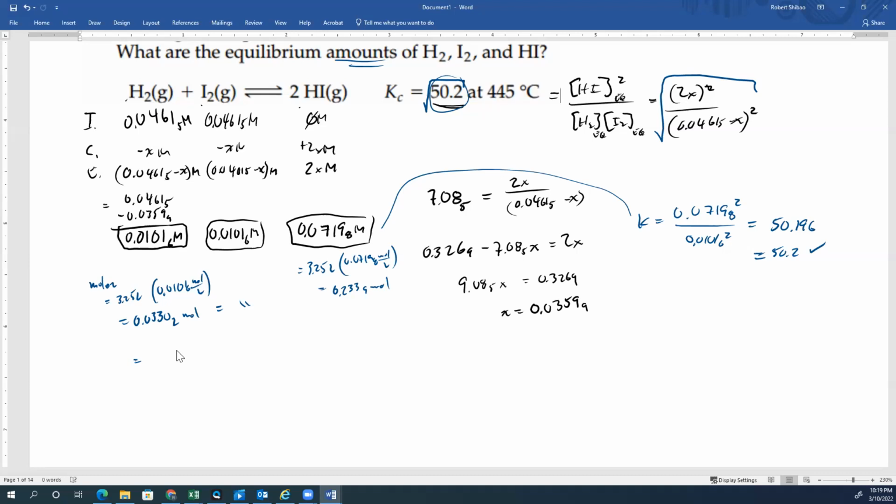And it's not a bad idea to carry extra digits, especially when we double check it. So this is going to round to 0.0330 moles here, which is the same for the iodine, and this one's going to round to 0.234. And so these are the amounts.